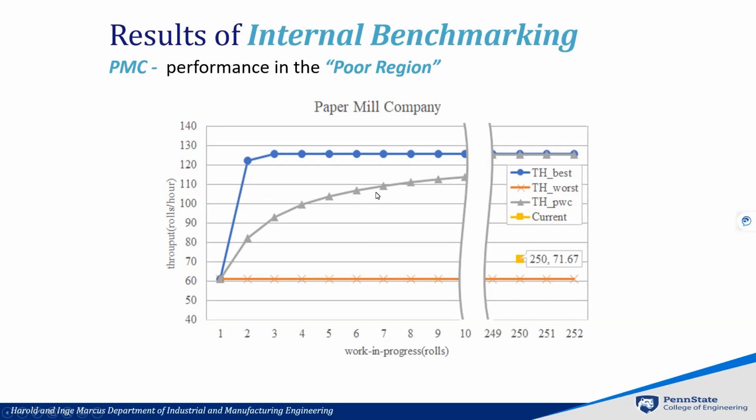Depending on where the actual performance is, we can tell whether it is good or bad. In this particular case, the throughput was 71 rolls. It's way to the right side and way close to the worst case. So we know that for this system there's a lot of opportunity to improve before they embark on investing any time or resources in getting better at maintenance.